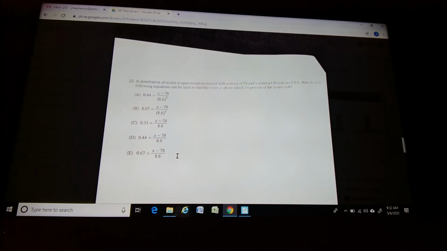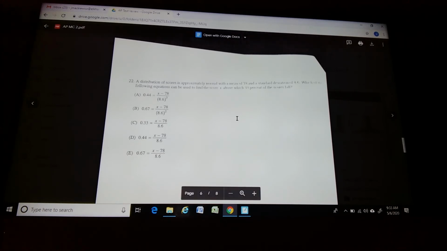22, to set this problem up, most people hopefully get something like C, D, or E. We don't square these numbers, so it's either C, D, or E. And how do we figure out this number on the left-hand side?